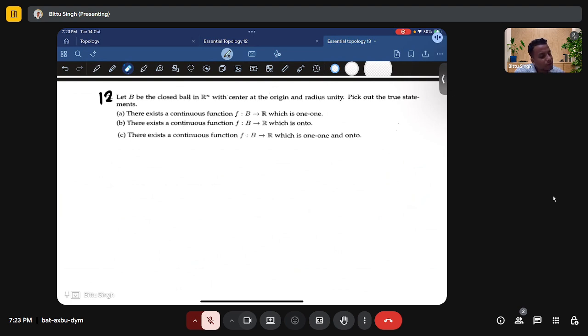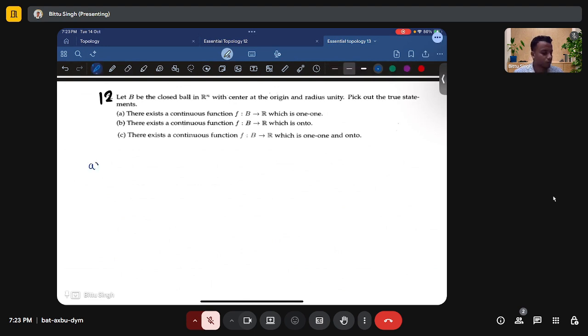In this question, B is the closed unit ball in Rn, and the conclusion is there exists a continuous function from B to R which is 1-1. So A is not true.